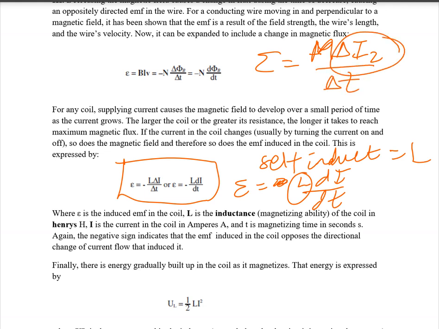The only difference is the current. For self-inductance, the induction is created by the current of the coil itself, and mutual is because of the neighboring coil. Therefore, we use the current that is flowing through the neighboring wire.